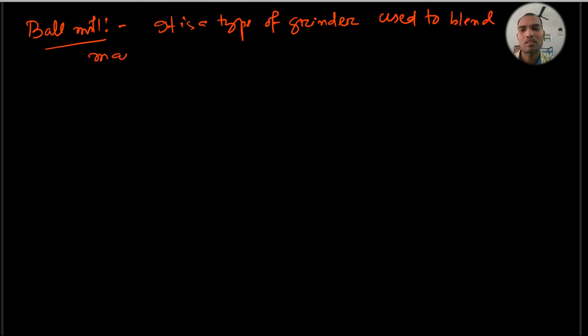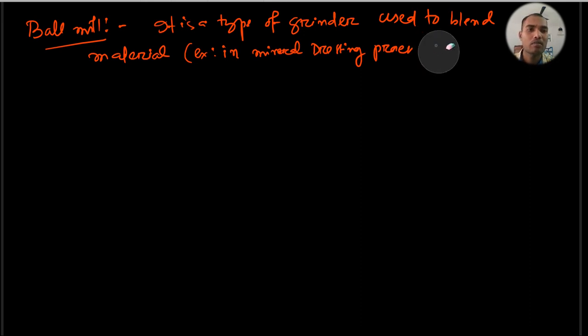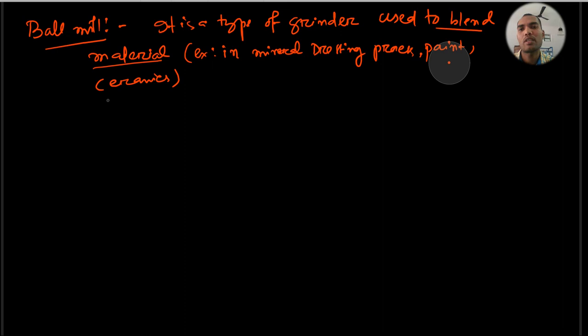For example, in the mineral dressing process, or in the paint industry or ceramic industry, etc. Here I have written it for the blending of materials. Apart from blending, it is used for size reduction also.